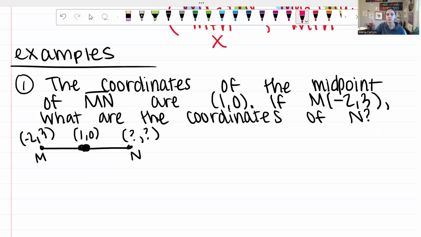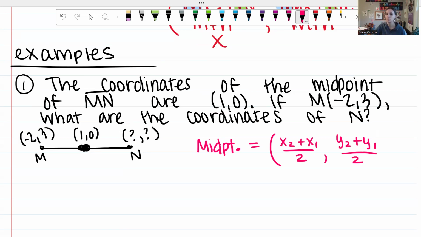So let's think back to our midpoint formula. The midpoint formula will give us an x, y: if I add x2 plus x1 and divide that by 2, that will give me the x coordinate. And if I add y2 plus y1 and divide that by 2, that will give me the y coordinate.